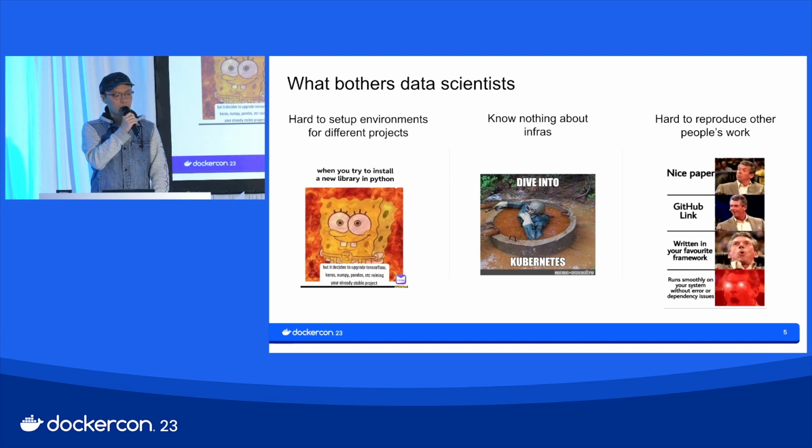And the third problem is that it's hard for data scientists to reproduce other people's work. There are many new algorithms coming out every day, so the major work of scientists is spending a lot of time reproducing others' work, and reproducibility is always a problem in the machine learning area.